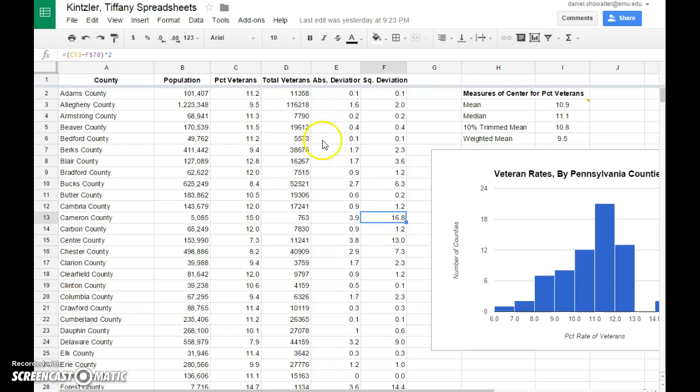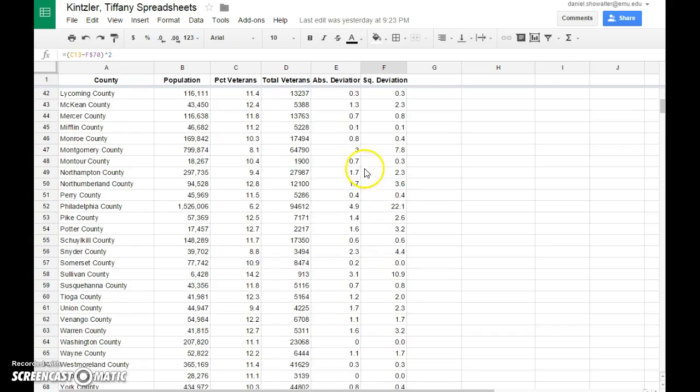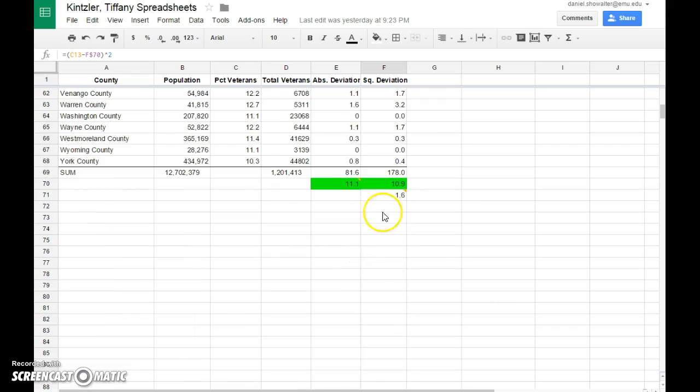That's also the reason we use the absolute value. There are other reasons too, mathematically, why it's nicer if we work with these squared numbers. But once we get all of these values, we can see about how far off each county is in two different ways. We can see how far it is away from the center.